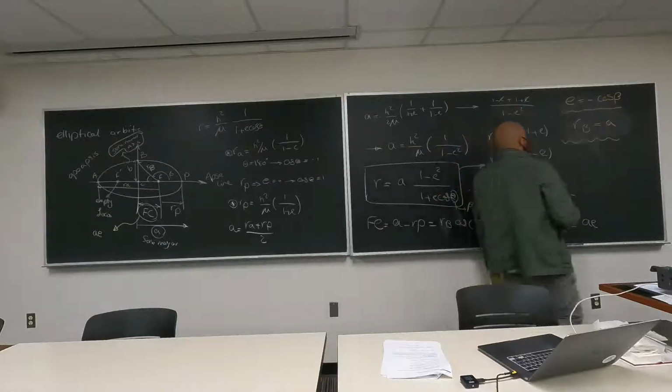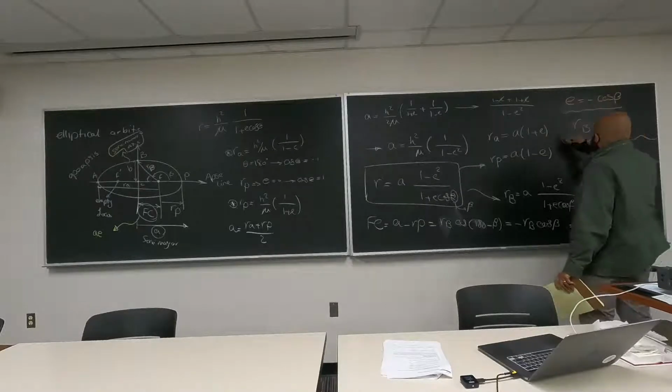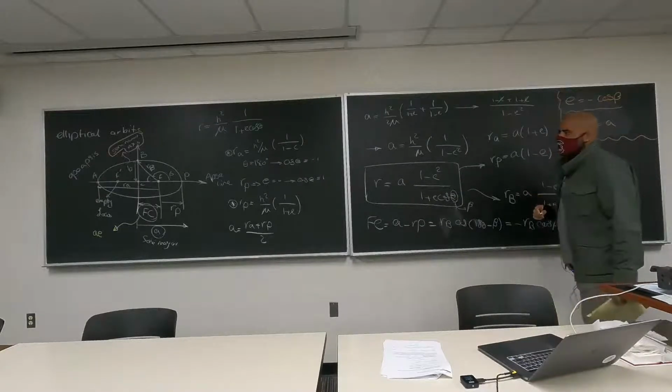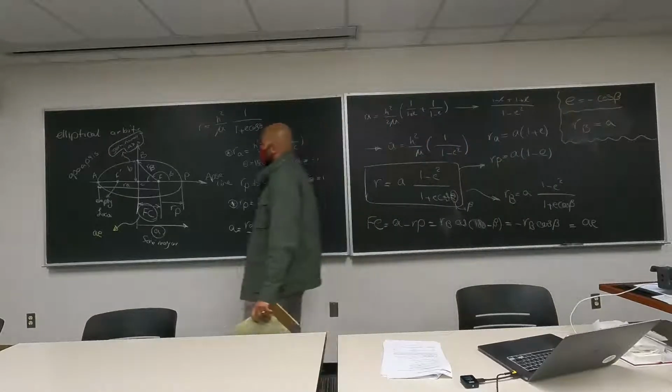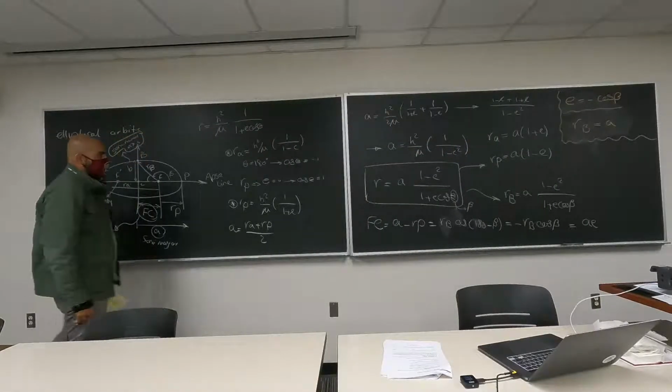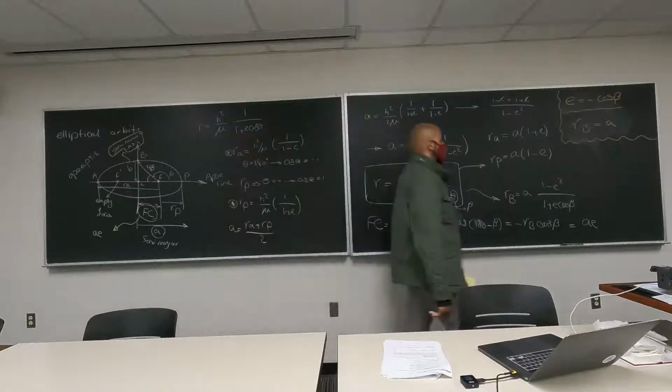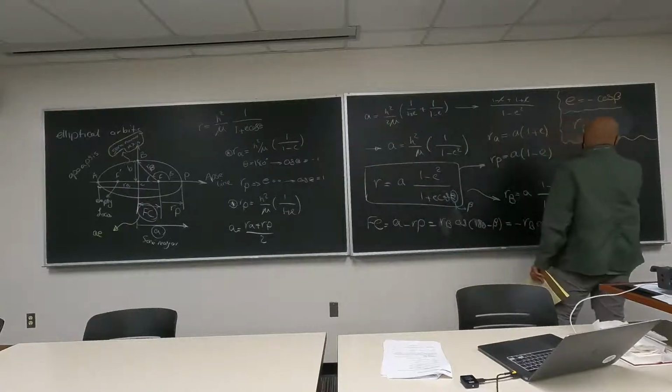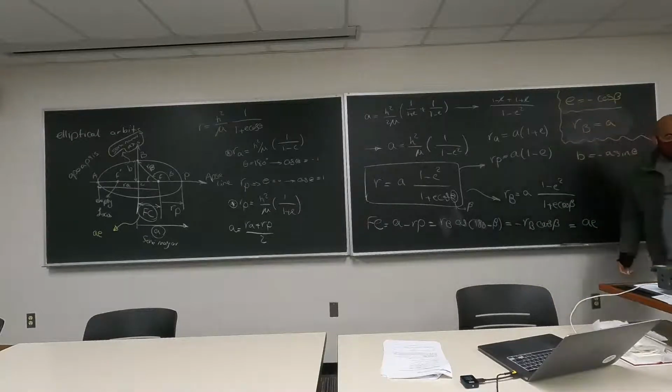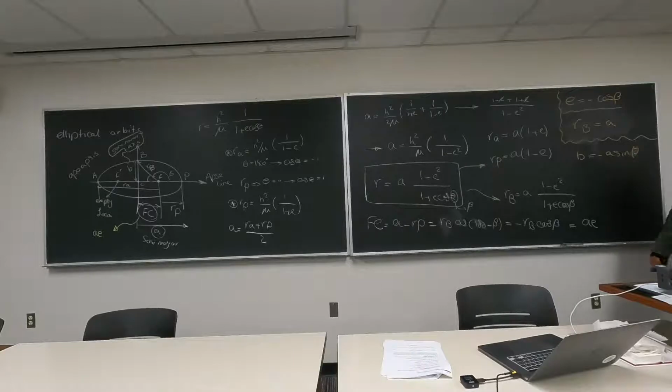let me ask you, how can we calculate the length of the semi-minor axis B, a small b? Negative a sine theta. How did you get there? Beta. Oh, beta. Well, we know RB is A now, and we use the same negative cosine theta relationship below to find the theta, so it becomes negative sine theta.